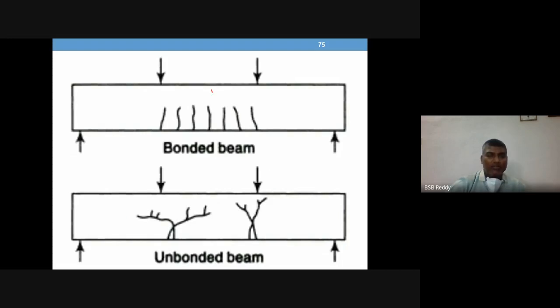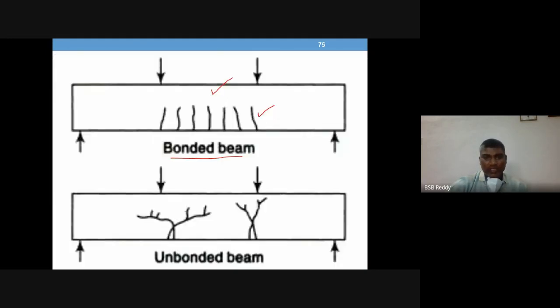So bonded beams cracking pattern is very regular and is predictable. This pattern we observe in case of where the tensile stresses cross the cracking value of the mean fracture value of the concrete. Okay, limit of fracture. Right. So that is a behavior of bonded beam.